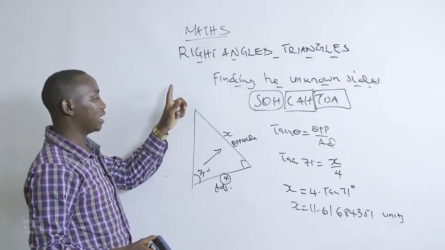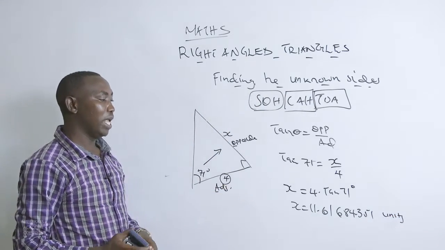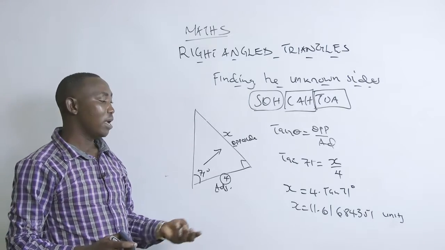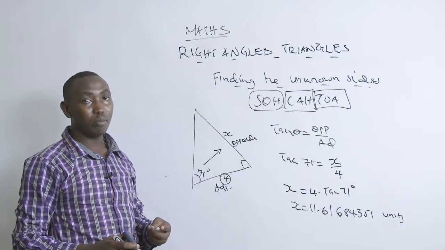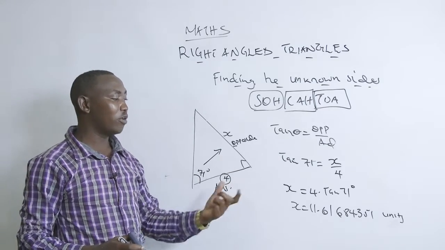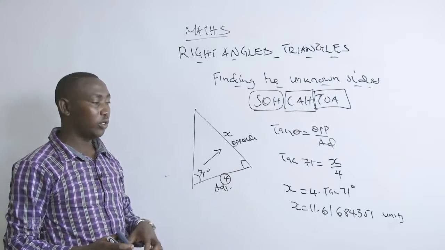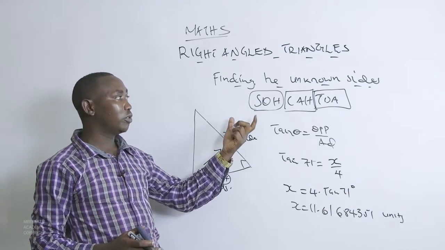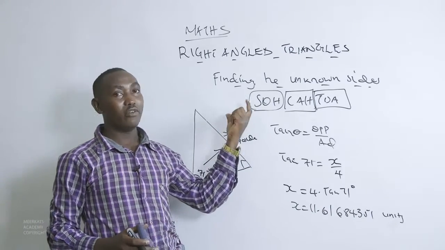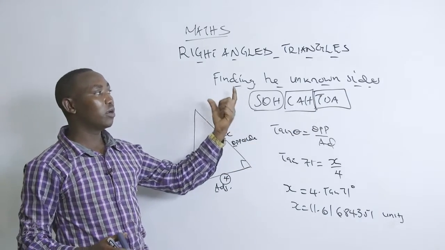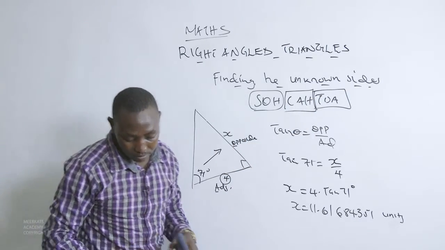Therefore, this particular opposite side will be 11.61684351 units. Now again, depending on the number of decimal places or the significant figures, the question will require you to round off your answer. Then you should be able to do that. So that is how we can make good use of the three trigonometric ratios to find the sides which are unknown.